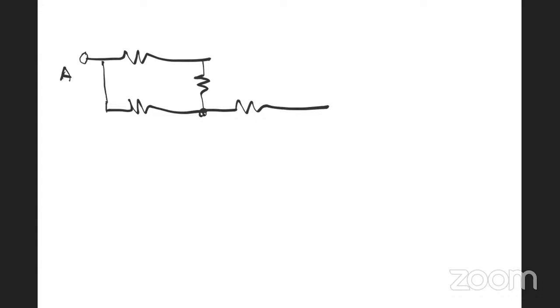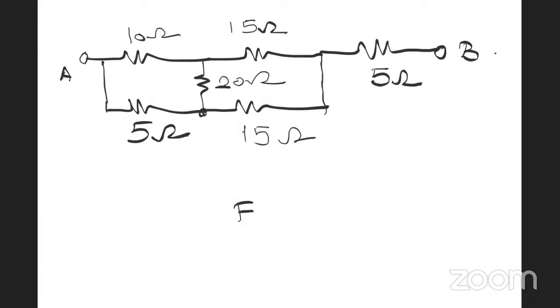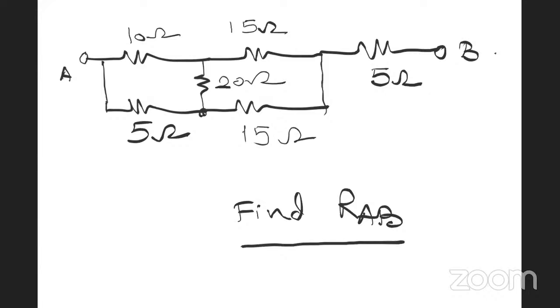It will have everything: series, parallel, star, delta, everything. Answer to the previous sum is 12.05 or 12.06. That's fine. Now do this sum and tell me the answer to this.